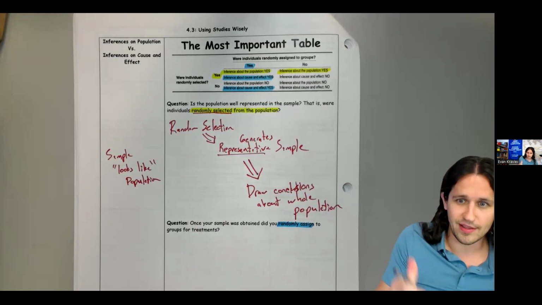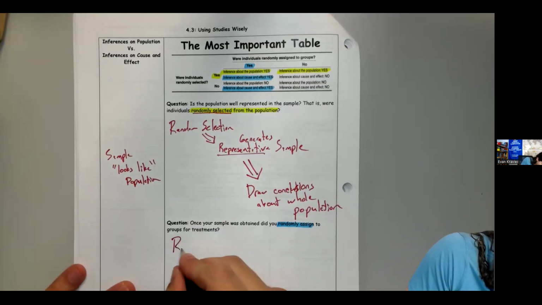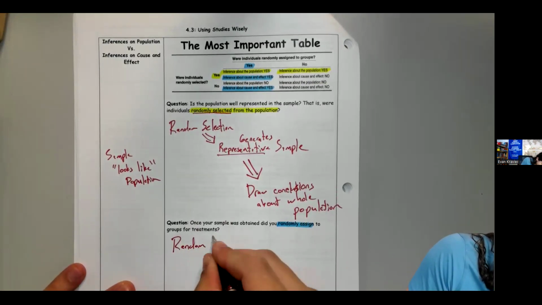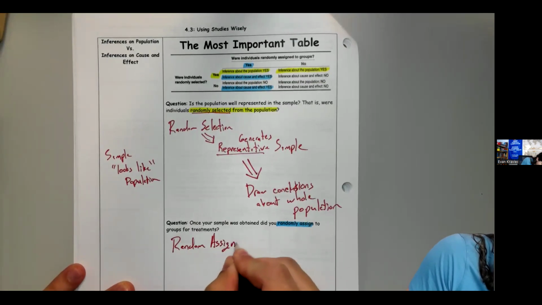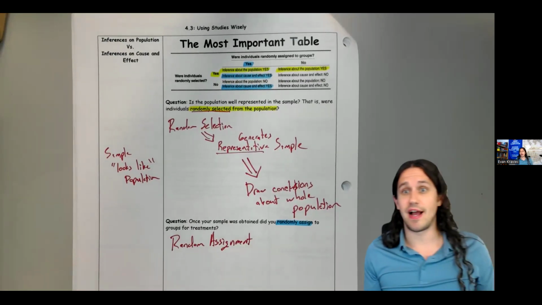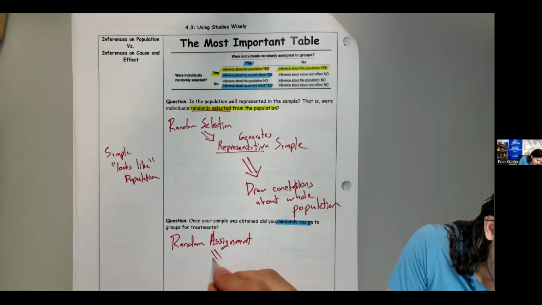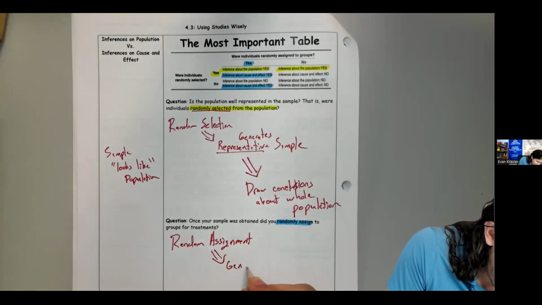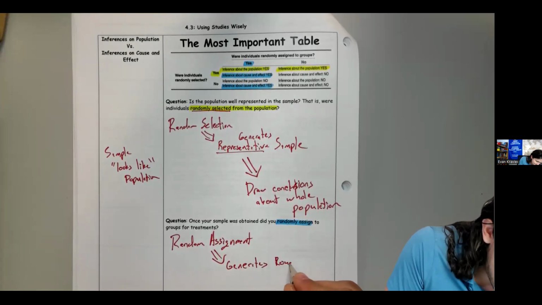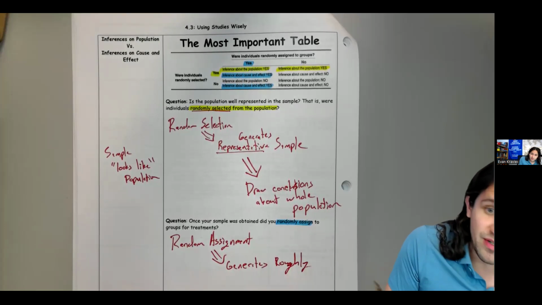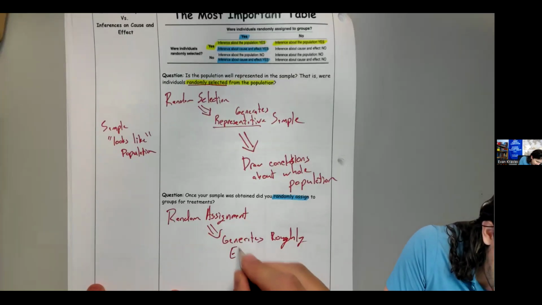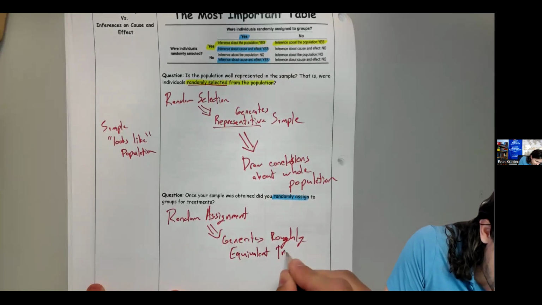Well, let's write this little chain of logic down here. Random assignment. There was a phrase I highlighted the other day with random assignment. What does random assignment do? It generates roughly equivalent treatment groups.